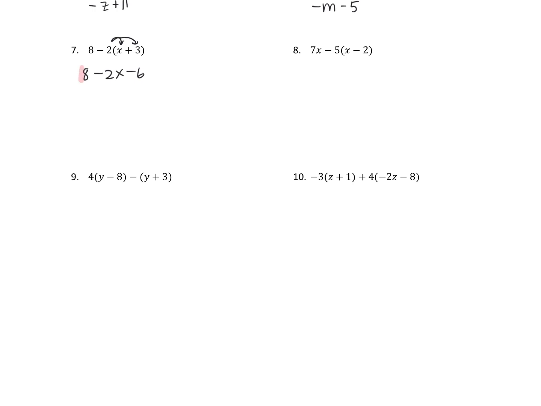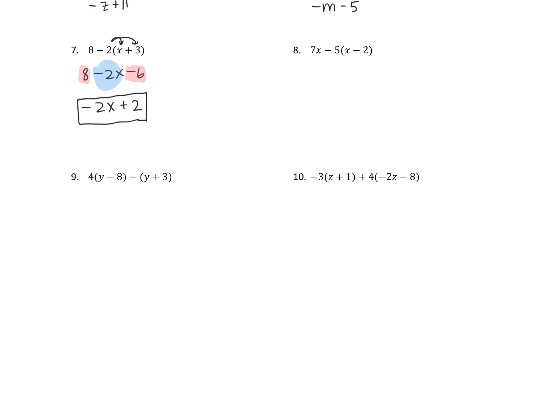So I have a constant term of 8, and I have another constant term of a negative 6. Notice there's nothing like negative 2x, so that's by itself. So I can bring down the negative 2x and then combine the constant terms. So 8 minus 6 is 2, so negative 2x plus 2. Those are not like terms, so that's as far as I can take this.